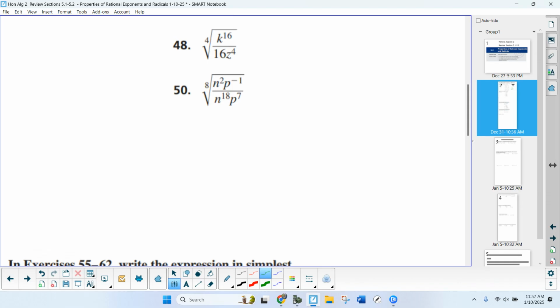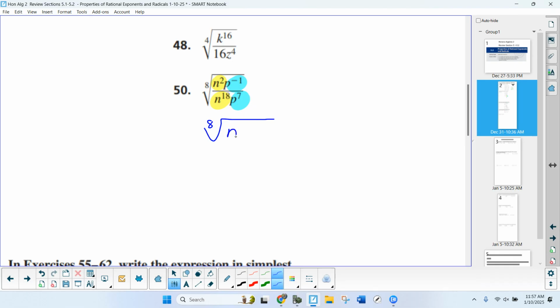There's many different ways to start this problem, but I personally think the easiest way to start is by doing n divided by n and p divided by p. When you are dividing powers, what math do we do? Subtraction, right? So I have the 8th root and then 2 minus 18.